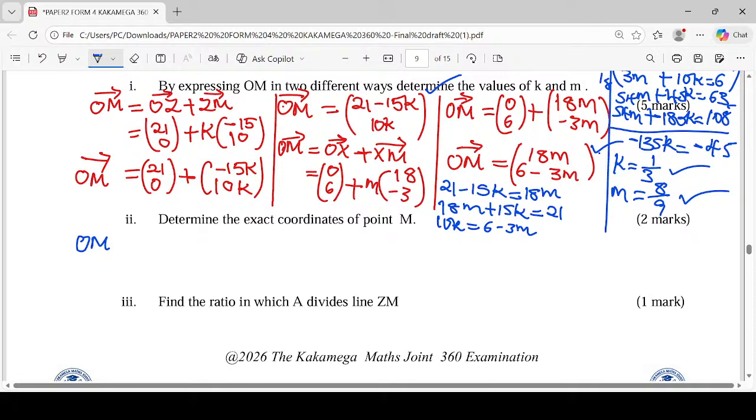Our OM was given by 21 minus 15k, then 10k. When you substitute, this will be 21 minus 15 into k. Our k is 8 over 9. Divide this by 10k, that is 10 times k, which is 8 over 9.